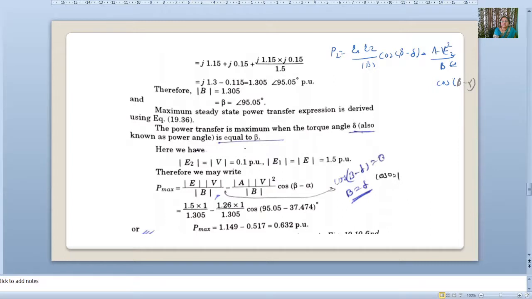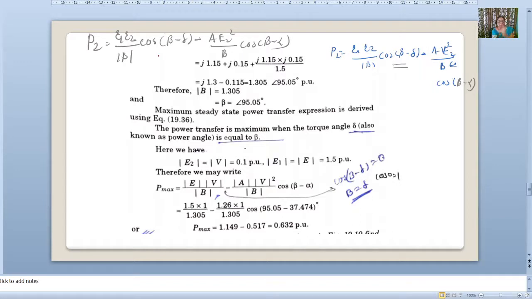Okay, this is our equation. This is the receiving end power. I will write here: P2 is equal to E1 into E2 by mod of B into cos of beta minus del, minus A E2 square upon B cos of beta minus alpha. Okay.